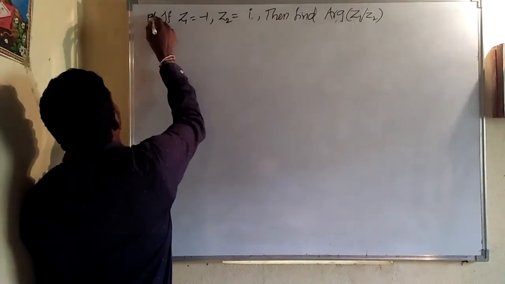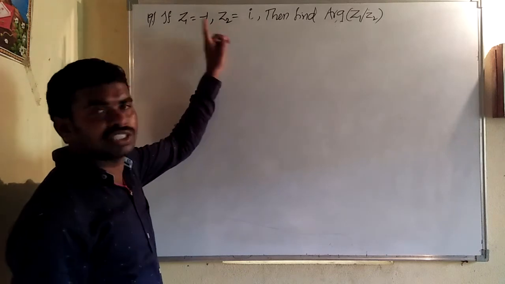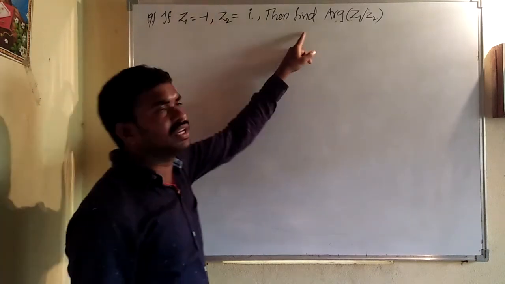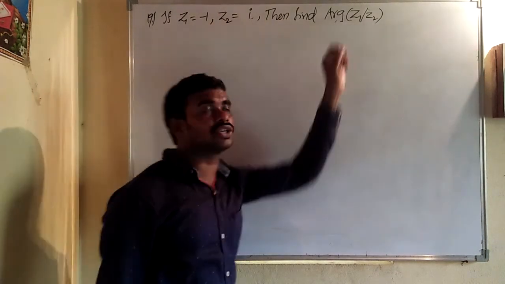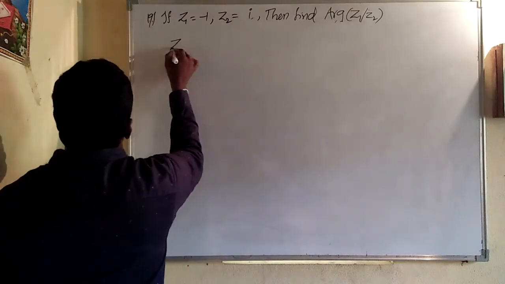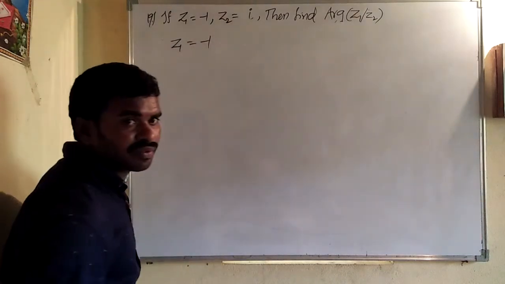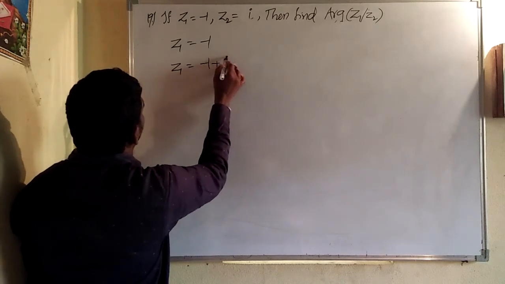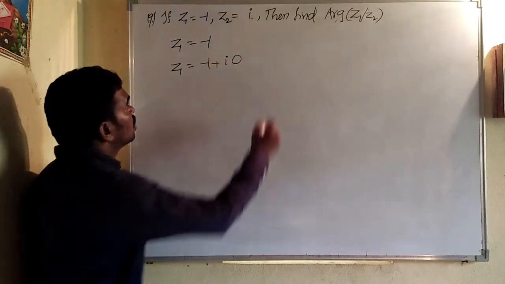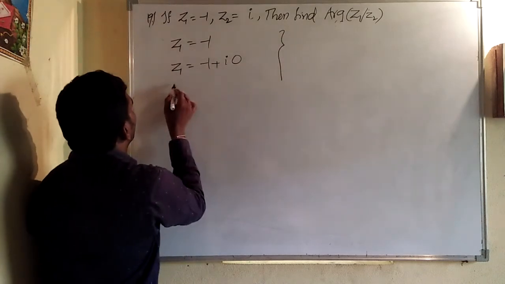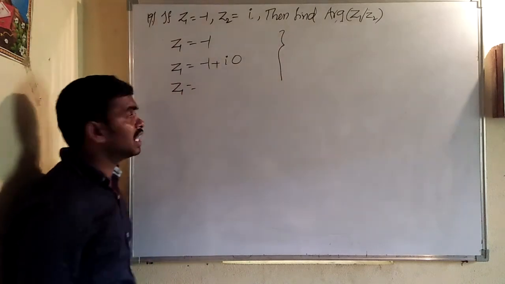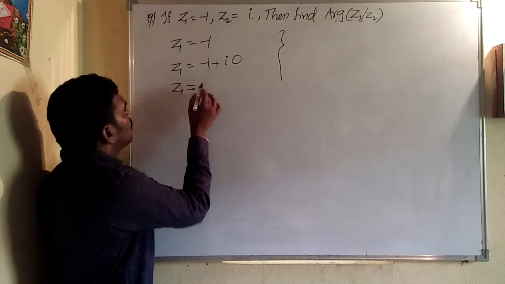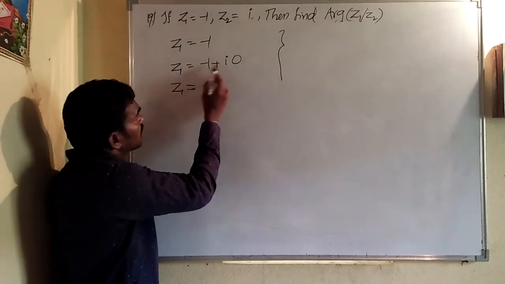19th question, a small change. If Z1 equals minus 1, Z2 equals I, then find argument Z1 by Z2. Okay, same. Given that Z1 equals minus 1, it can be written as minus 1 plus I into 0. Therefore, we can write the polar form directly because the R value becomes 1.